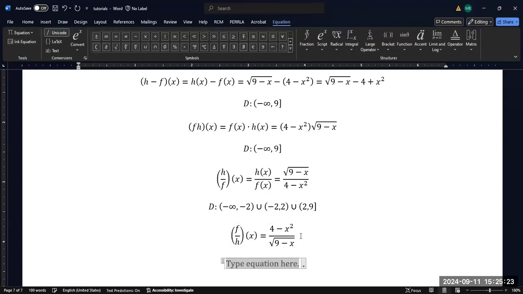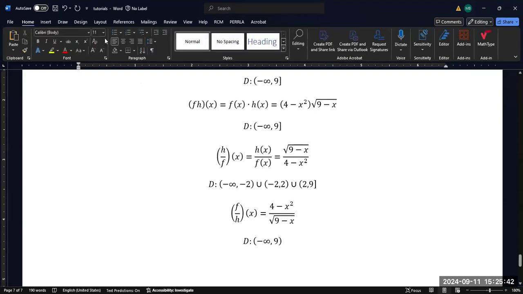Now my new restriction is coming out of the denominator, but it's coming out of the square root. And the only point that would change is actually where the square root is equal to 0, which would be at 9. So I would not be able to include the 9 in my domain anymore.